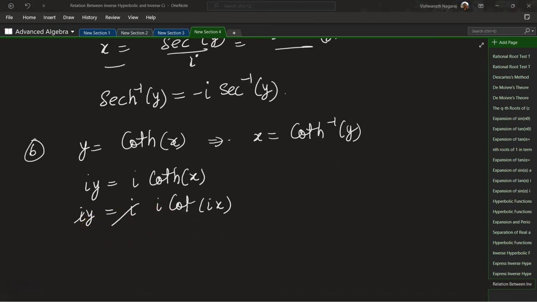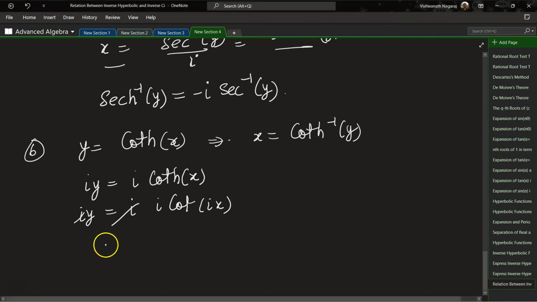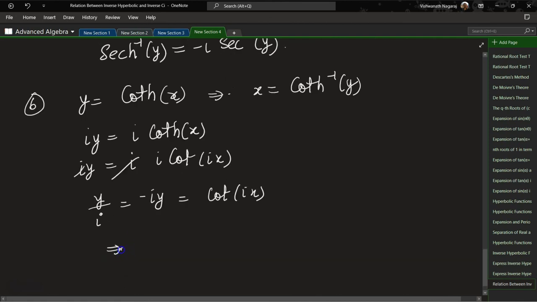Yes, let's bring that i to this side. We get y by i, which can be written as minus iy, is equal to cot ix, which implies that ix is equal to minus cot inverse of iy.